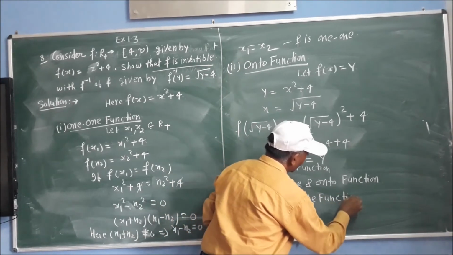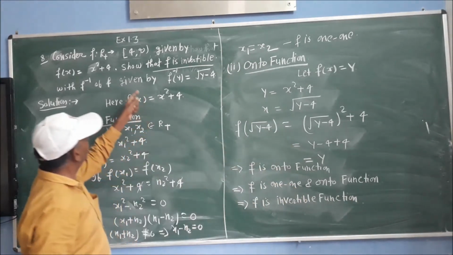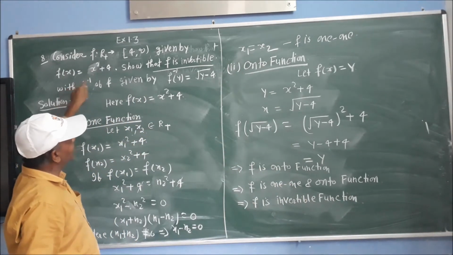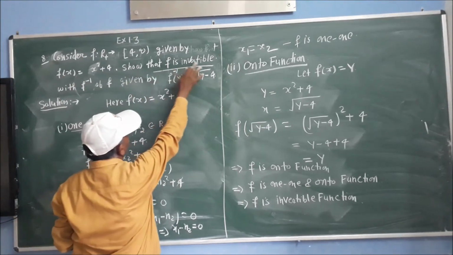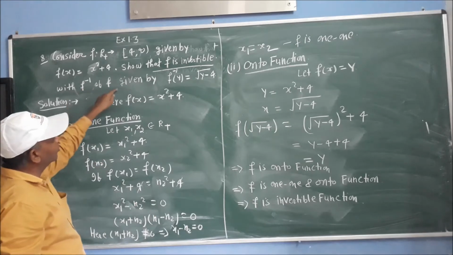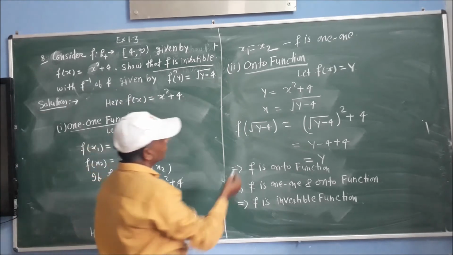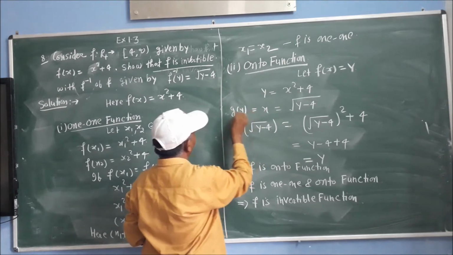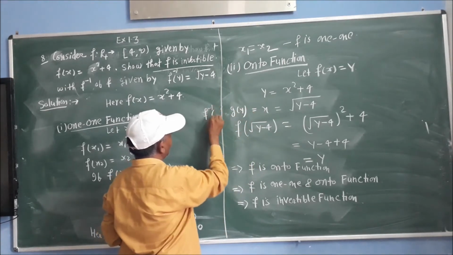Then in my question we have to find the value of f inverse. Here we have shown that f is an invertible function. If f is an invertible function, then we have to calculate the inverse. So this x is nothing but g of y, also written as f inverse y.